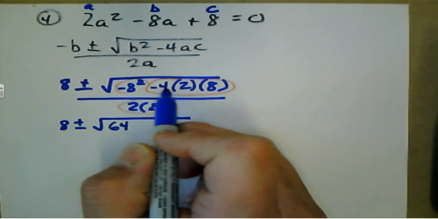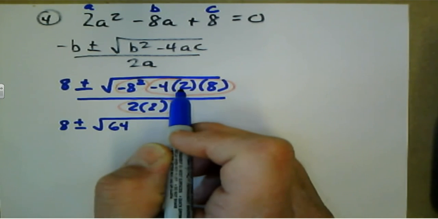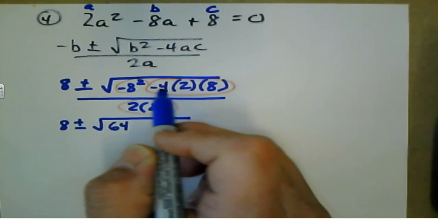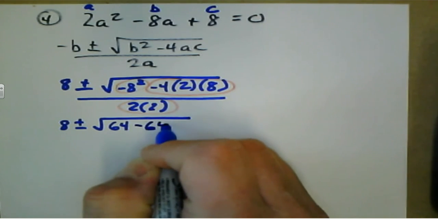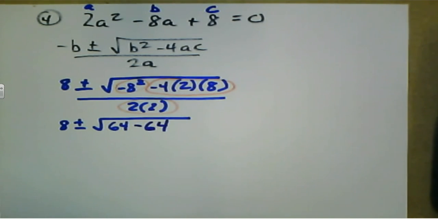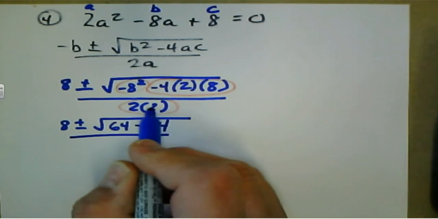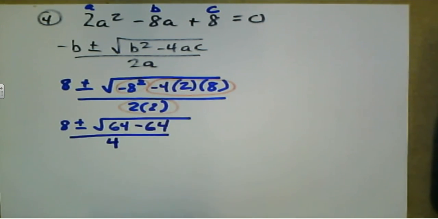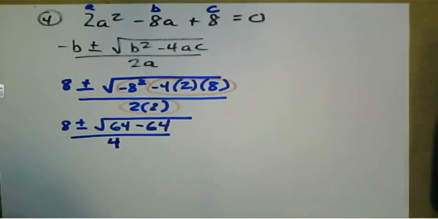All right. Anybody -4 times 8? That's negative 4 times 2 is negative 8. 8 times 8, negative 64, right? Oh, yep. And 2 times 2, 4, right? All right, we're going to do that inside part.